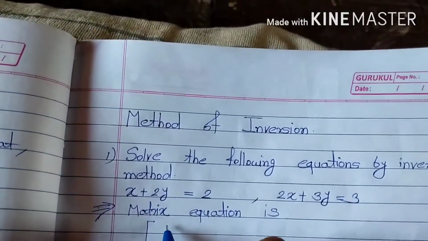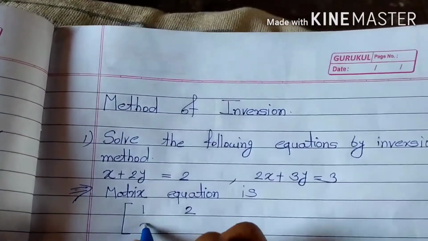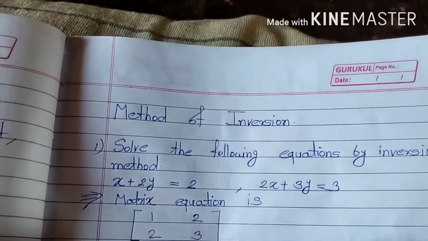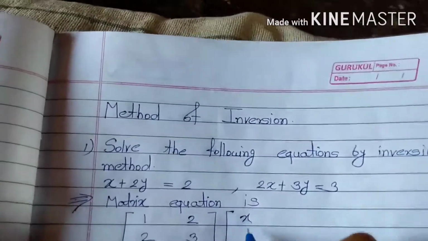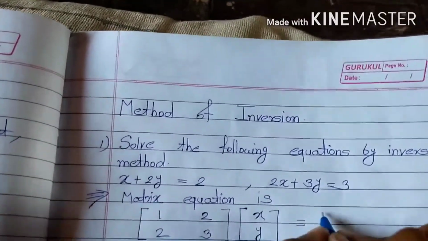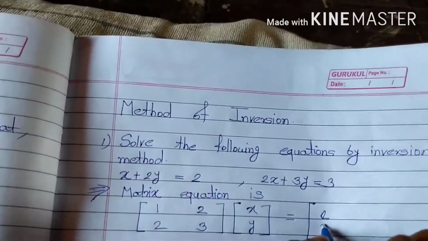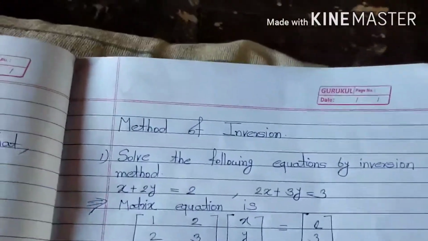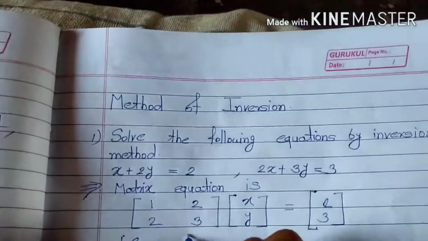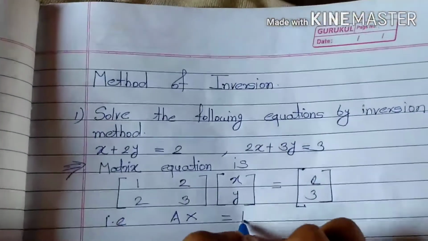So the matrix equation: 1 2, 2 3, times x y, equals 2 3. That is Ax is equal to B.